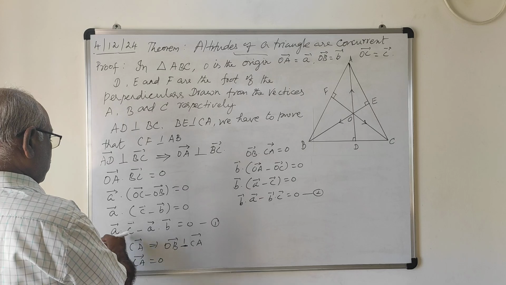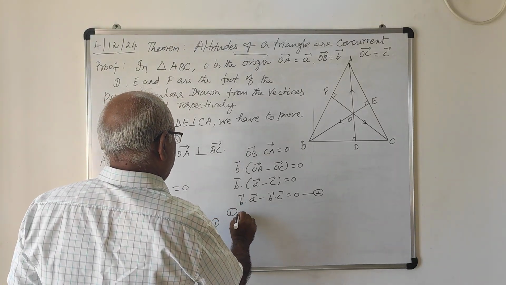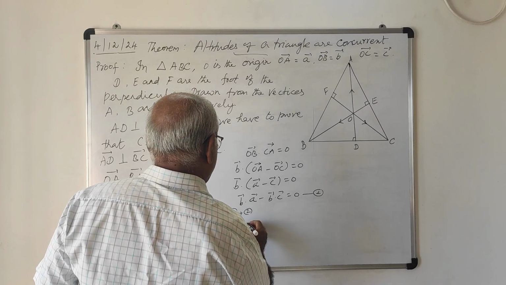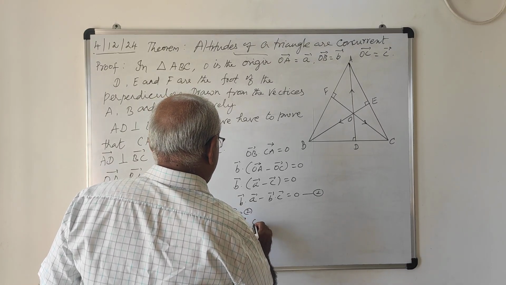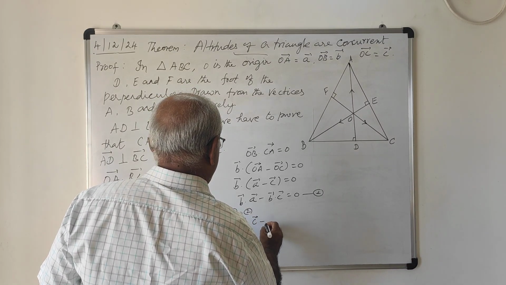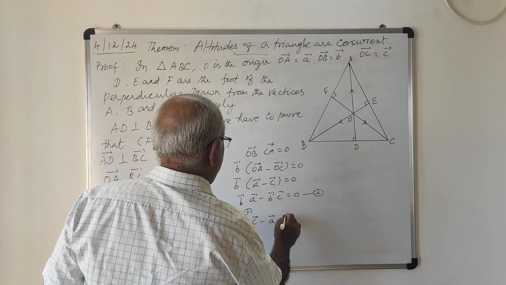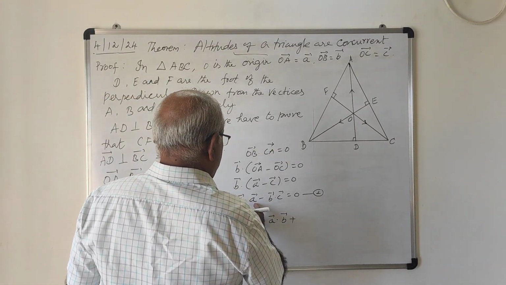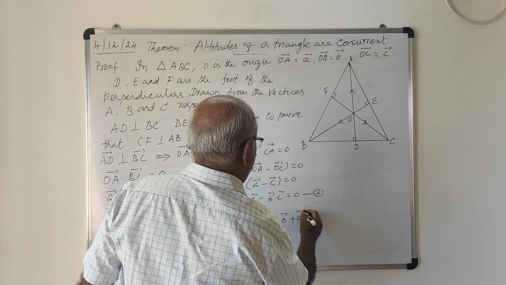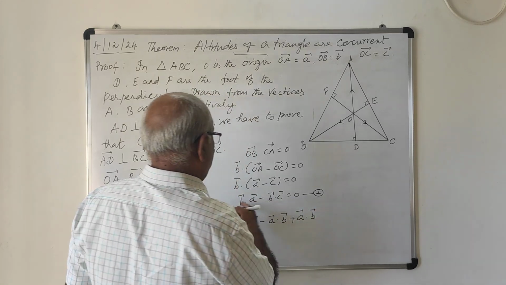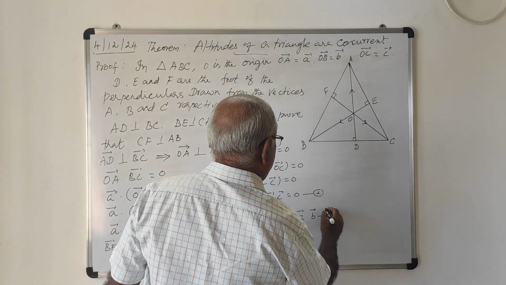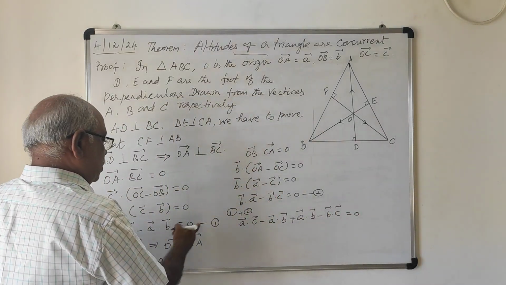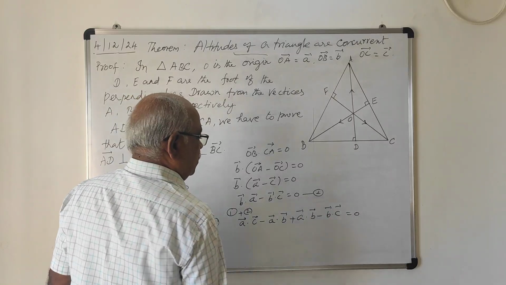Adding 1 and 2. Equation 1 is A dot C minus A dot B. Equation 2 is B dot A minus B dot C, and B dot A is again A dot B, because A dot B equals B dot A. Adding 1 and 2, the right hand side is 0.